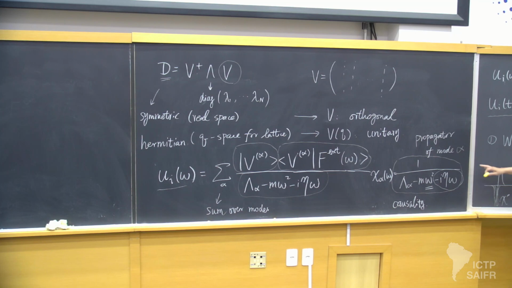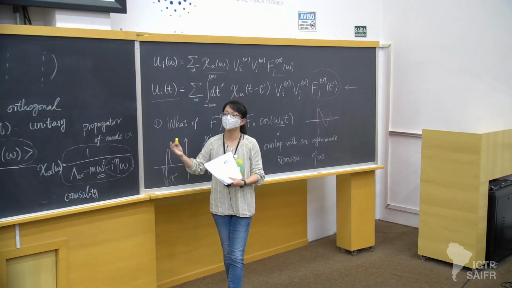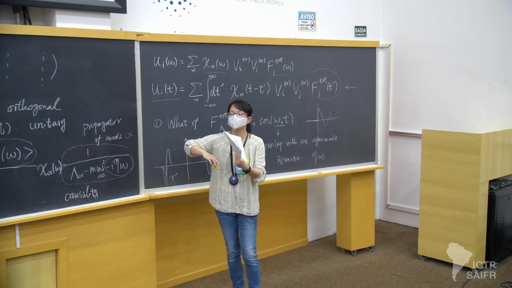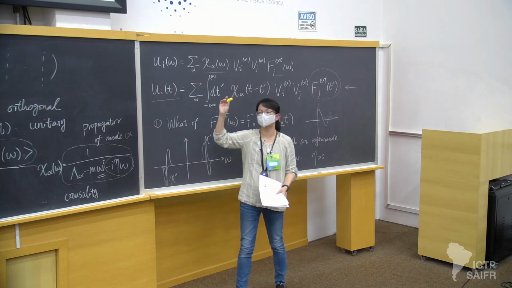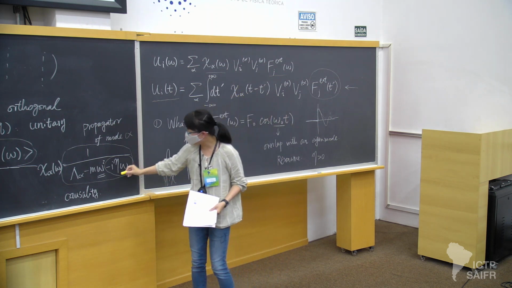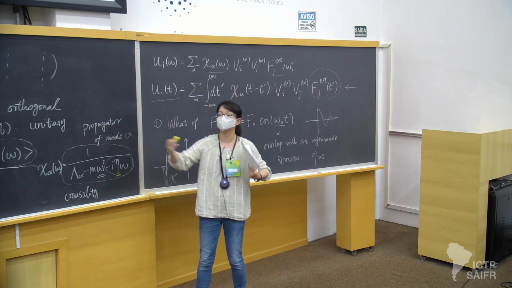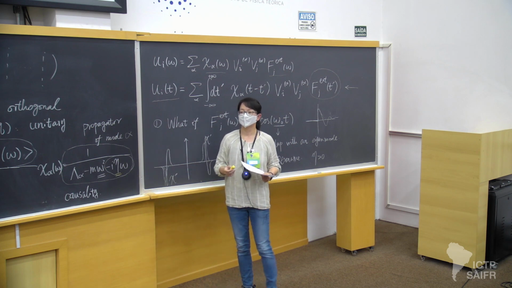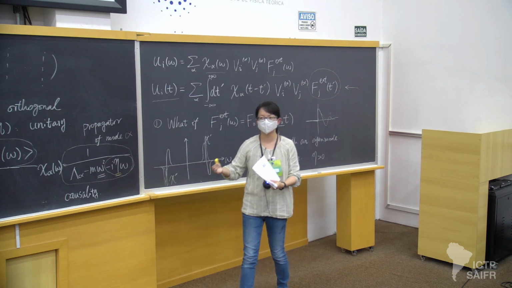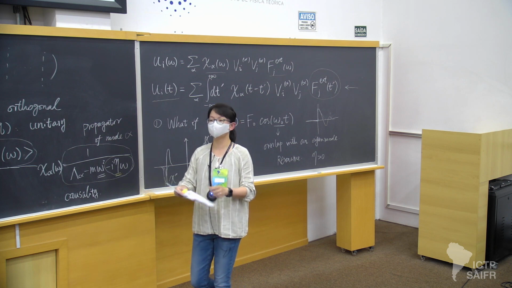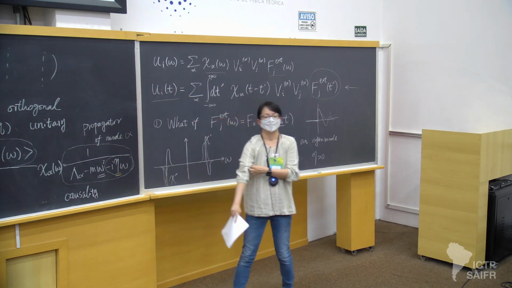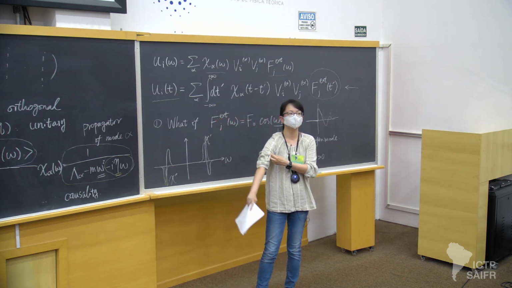And the real part will become delta prime. And you get exact resonance. Usually when you have a little bit of dissipation, that broadens the peak. Is that what you're asking? Okay. Any other questions?